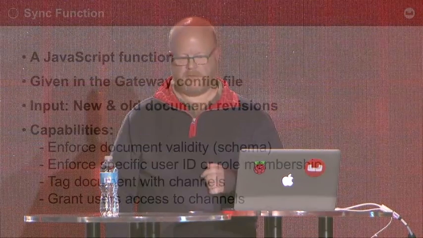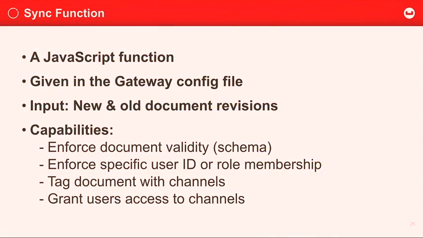And the sync function is how we assign access rights to documents and users. A sync function is a JavaScript function, and it's defined in the Sync Gateway config file that we looked at earlier, and we'll look at a more sophisticated version of that shortly.